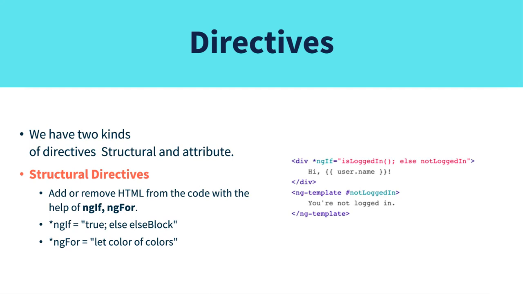With the logged in method, we can specify that, okay, if the person has logged in, then show his name after hi. Or we can use an ng template to deal with the condition where the person has not logged in, and there we ask him to log in. So you can think of various cases where you'll need to use ngIf and ngFor, and that's why they are very important to learn.